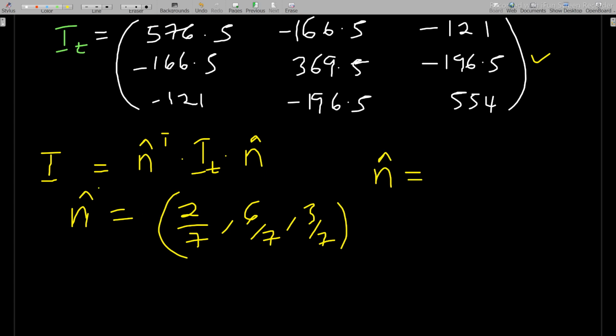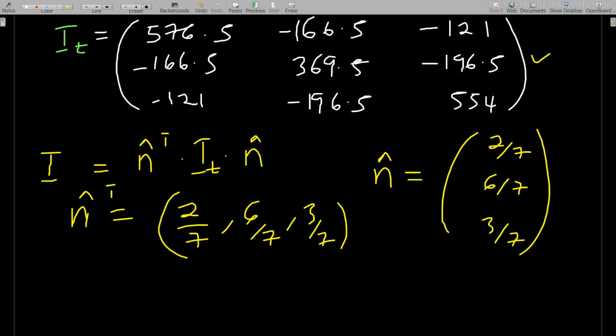If you use this and you transpose it, like I said, it will give us a problem. So you actually have to call this n cap to be the column vector rather, 2/7, 6/7 and 3/7, where the transpose of it will give us this, okay. So n cap transpose should be this, for us to be able to be safe, okay. Always when you are multiplying, this is how you do it.